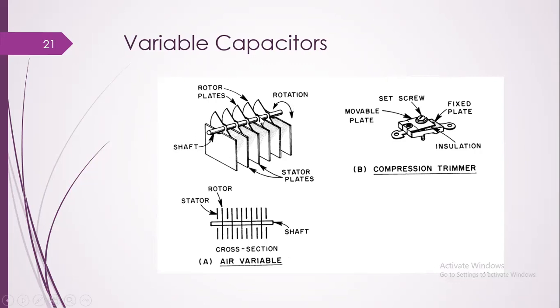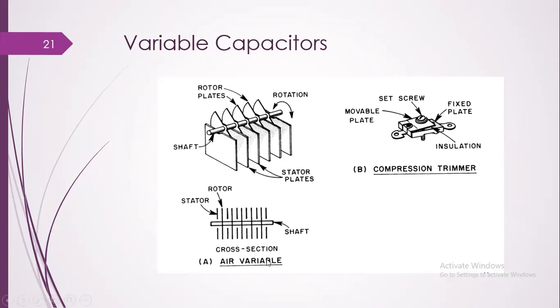The rotation of the half set and full set controls the variation of capacitance, and by separation and movement of these sets of plates, the variation of capacitance is felt. So this is the concept by which we can understand how variable capacitors work.